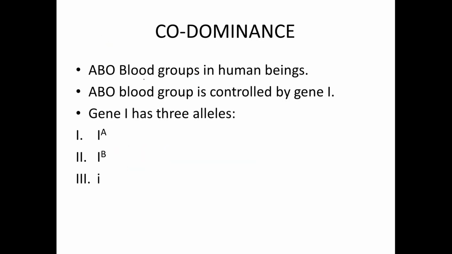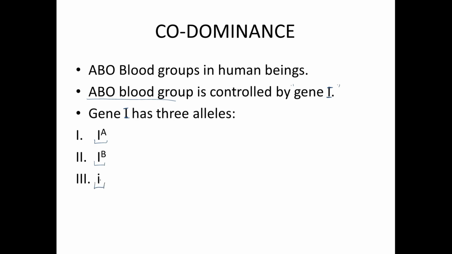ABO blood group in human beings is the best example to study the concept of codominance. So ABO blood group is controlled by a gene which we call gene I, and this gene I has three alleles, that is capital IA, capital IB and a small i.